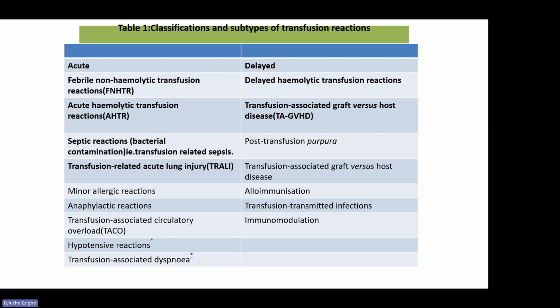Under acute transfusion reactions, we have these complications: febrile non-hemolytic transfusion reaction, acute hemolytic transfusion reaction, septic reactions due to bacterial contamination, that is transfusion-related sepsis, transfusion-related acute lung injury, minor allergic reactions, anaphylactic reactions, transfusion-associated circulatory overload, hypotensive reaction, and transfusion-associated dyspnea.